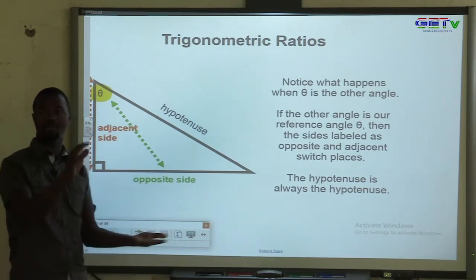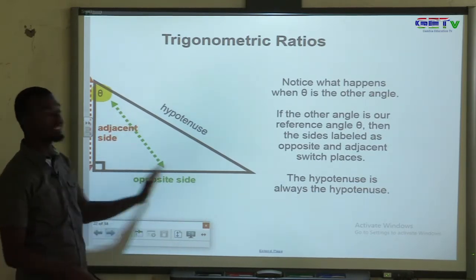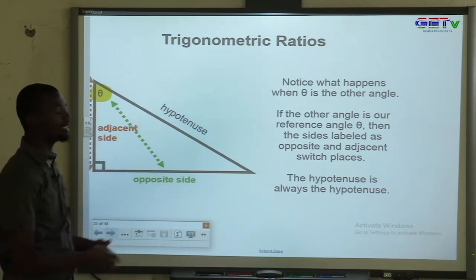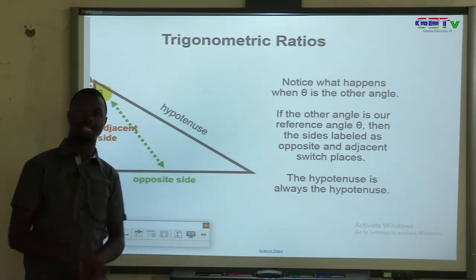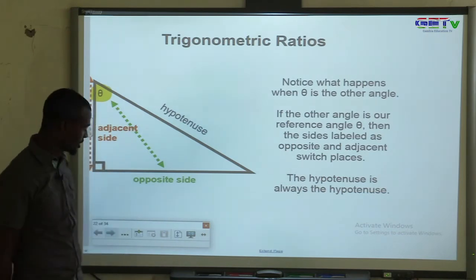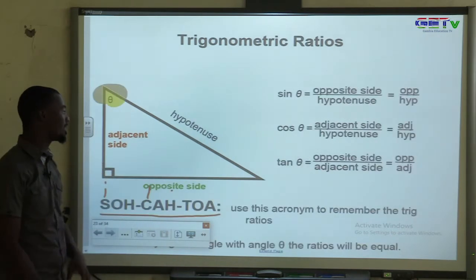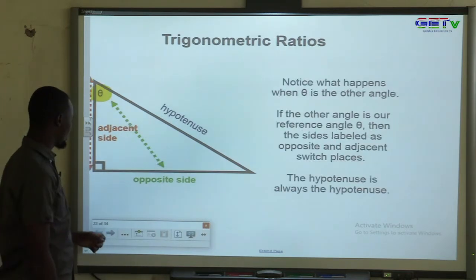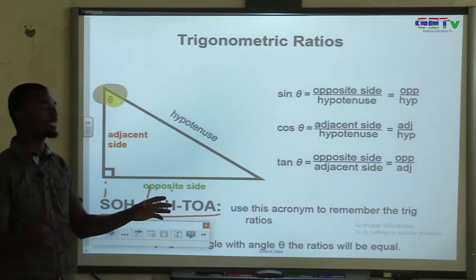As we switch the position of theta, the side directly opposite the theta is the opposite, and the other side that is adjacent to the theta is called the adjacent, and the longest side of the right angle triangle is the hypotenuse.